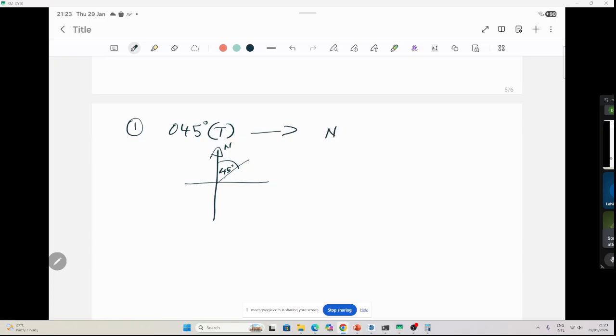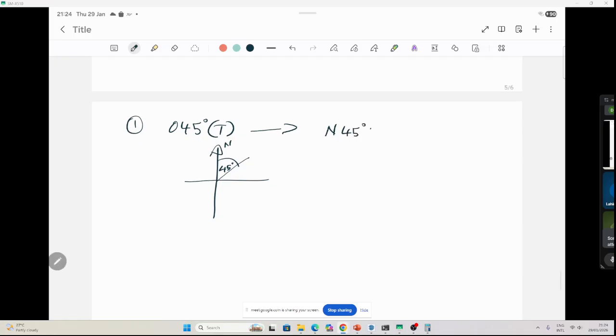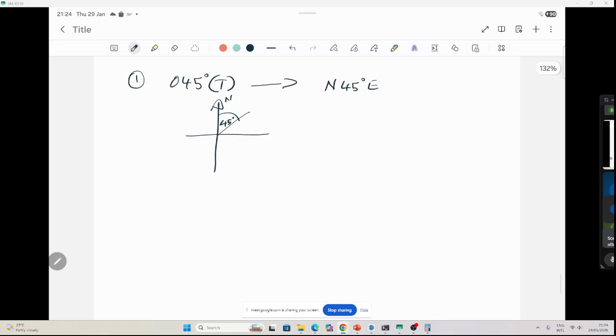North, how much? Tell me, guys. Just type it here so that I can see how you convert it to quadrantal. Northeast, yeah, north 45 degrees east.